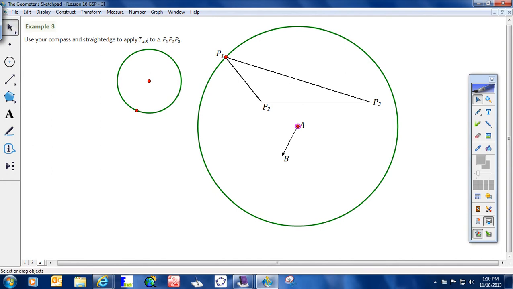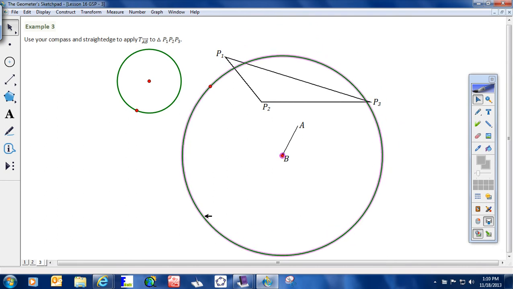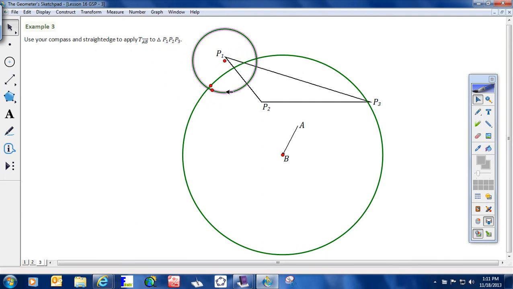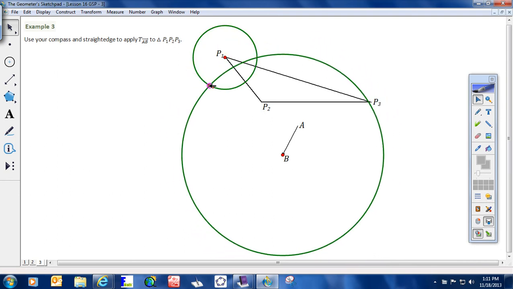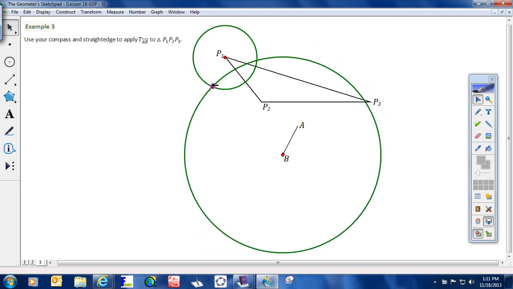Yep. But where's the center of that going to go? Yeah. I hate it when it does that.